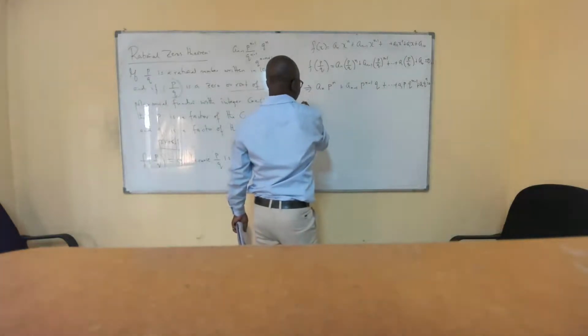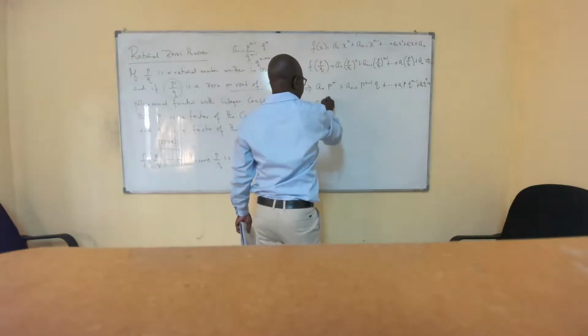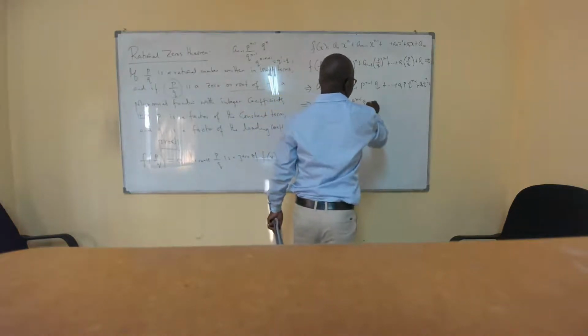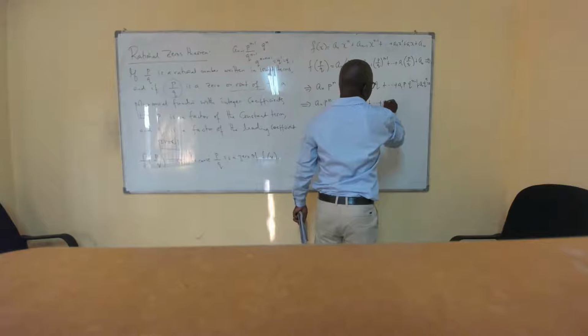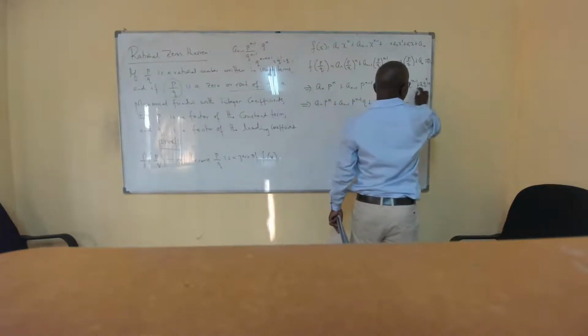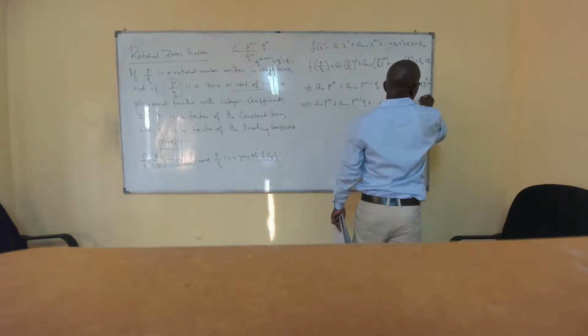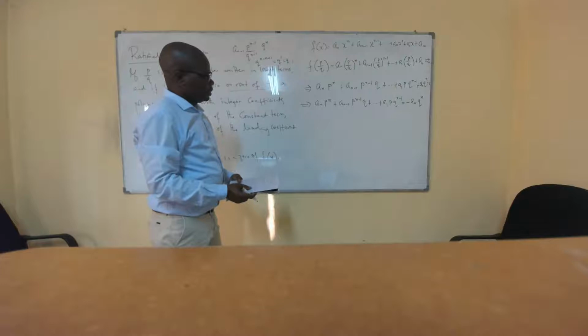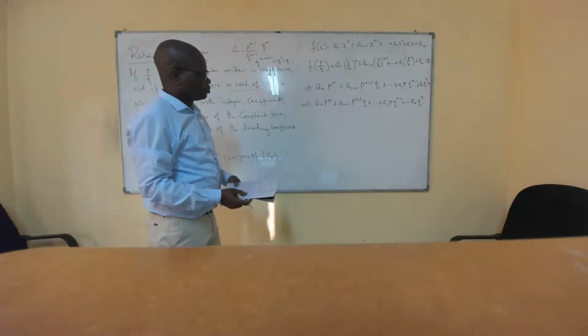And this one will be a_n p to the power n plus a_(n-1) p to the power n minus 1 q plus a_1 p q to the power n minus 1 is equal to, subtracting a_0 q to the power n from both sides, this one. Okay, so that's what we get.